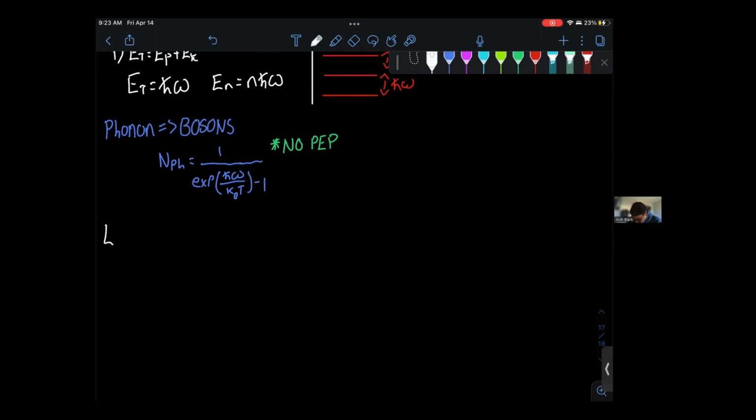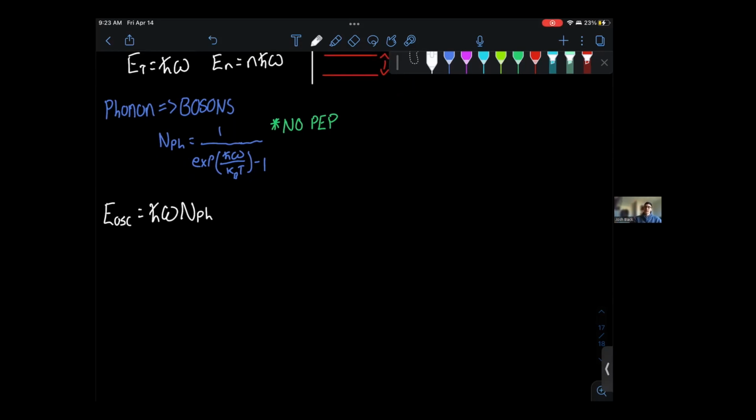Now, the energy of our oscillation, or the energy of our phonons, we can say in one dimension is equal to h-bar omega times the number of phonons that we have. And Einstein's theory says that this frequency is a constant.